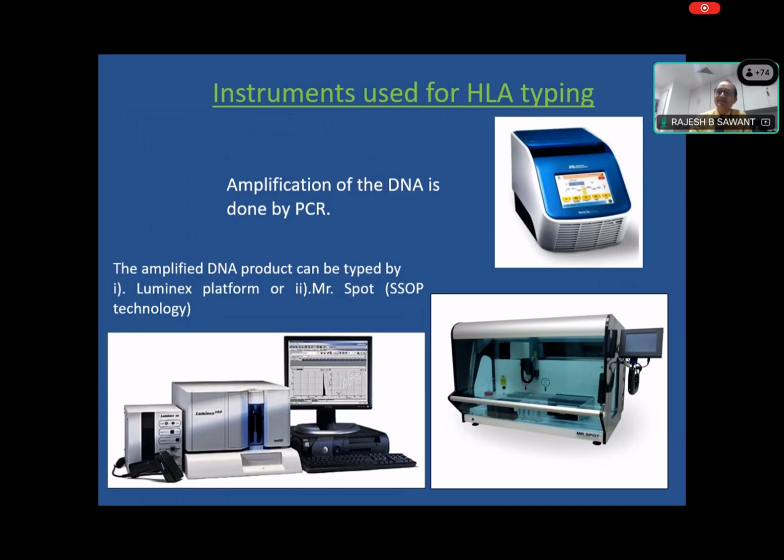So these are the basic instruments that we use in our laboratory for HLA typing, where amplification of the DNA is done by PCR, and that amplified DNA product is then typed either using a Luminex based platform, which is this, or a Mr. Spot named equipment. So this is basically SSOP technology that we use.